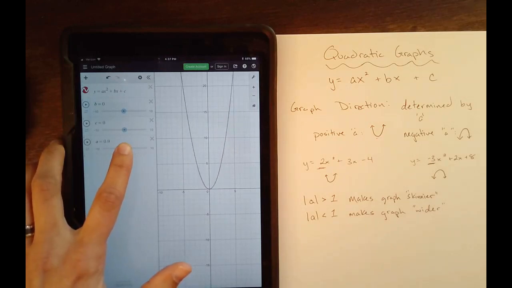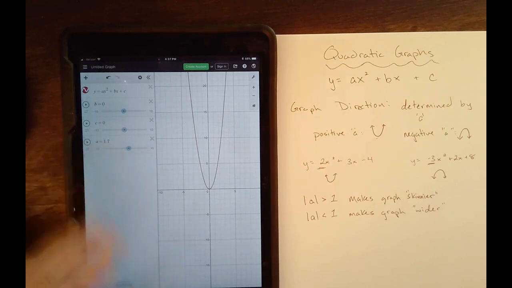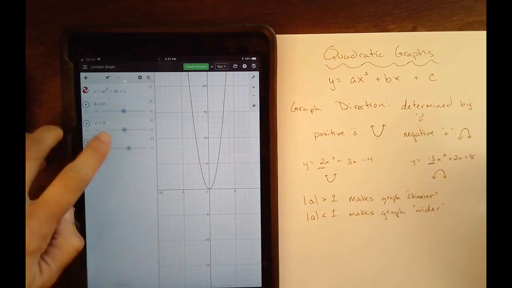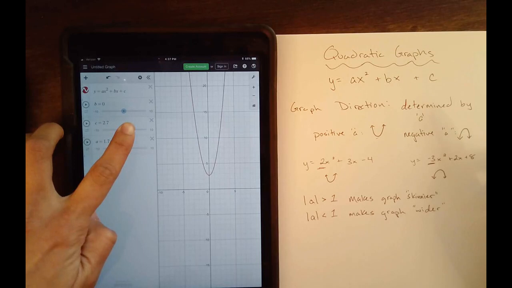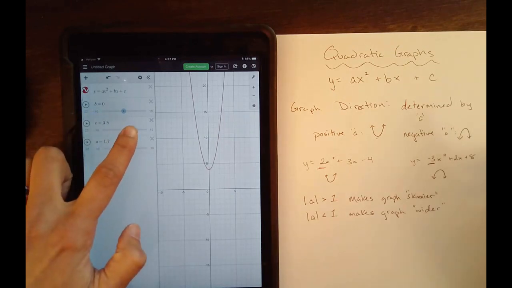And next we're going to look at the C value, which is this constant over here at the end. You'll notice right now it's at 0. But start to shift this to a bigger C value, and you might notice that as C increases, this graph is shifting up, or as it decreases, it moves down.